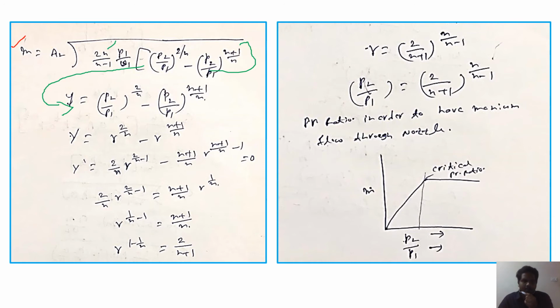Now, for simplification, P2 by P1 we just write as r. So y equals r power 2 by n minus r power n plus 1 by n, because P2 by P1 is r. Now we do differentiation.